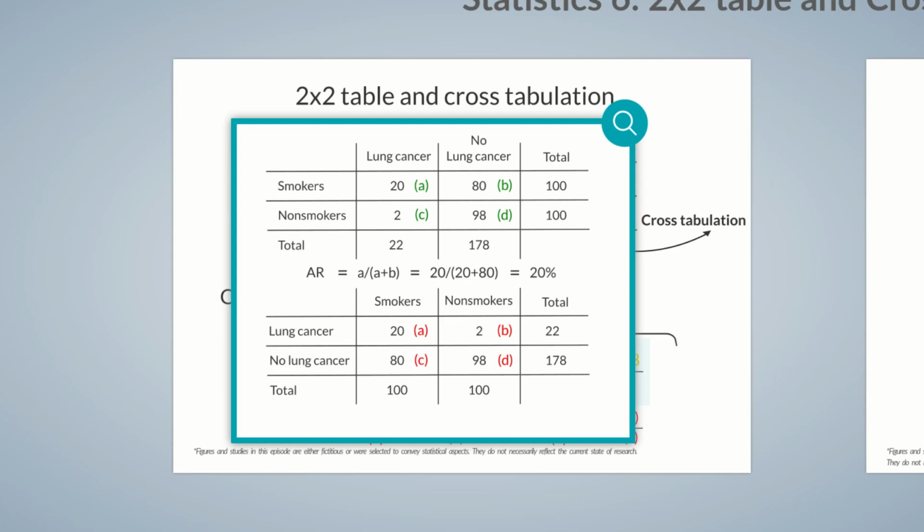If you now use the same formula to calculate the absolute risk, A divided by A plus B, or 20 divided by 20 plus 2, we would obtain a value of approximately 90%, which is incorrect. So we recommend that you don't just memorize these formulas, but develop an understanding of the individual measures that can be used to calculate these values.